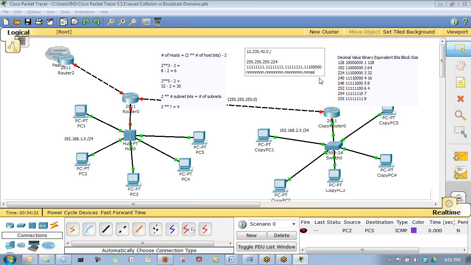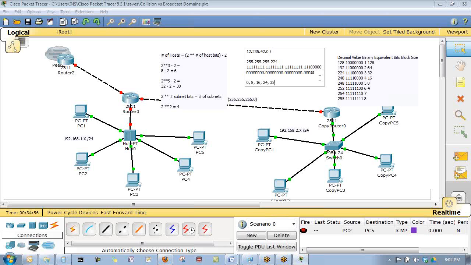So I'm just going to jot down all of my subnets: 0, 8, 16, 24, and the next one up is going to be what? 32. 8 plus 24.